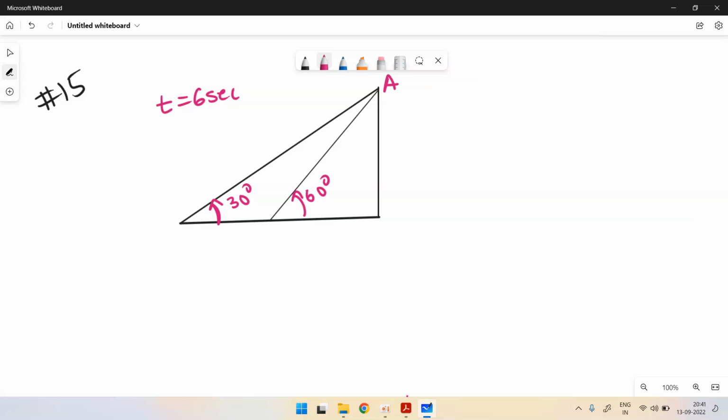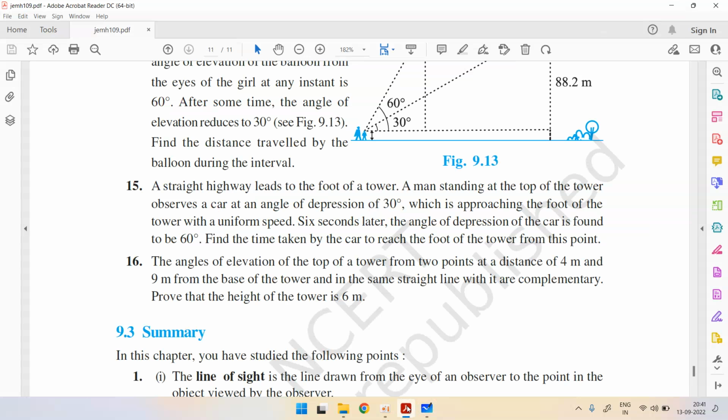Now I am marking this A, B, C, D. C and D are the two positions of the car. D is the initial position of the car and C is the position after 6 seconds. We need to find the time taken by the car to reach the foot of the tower from this point.